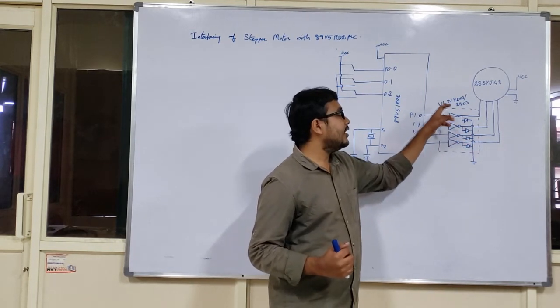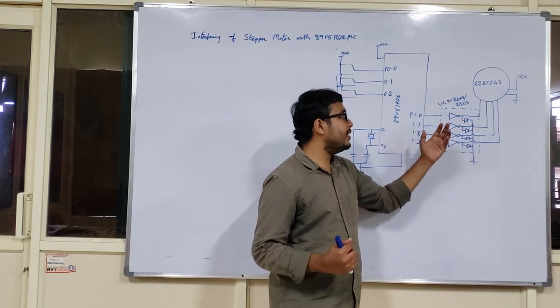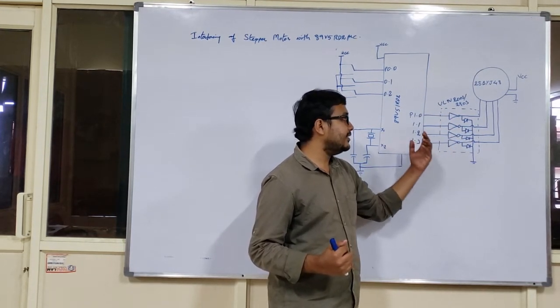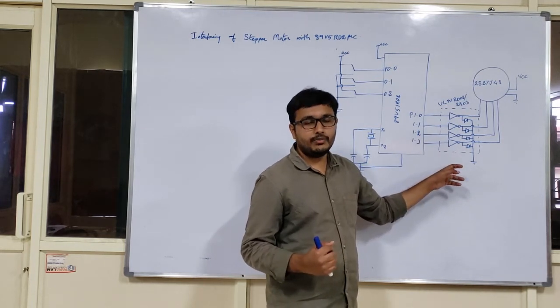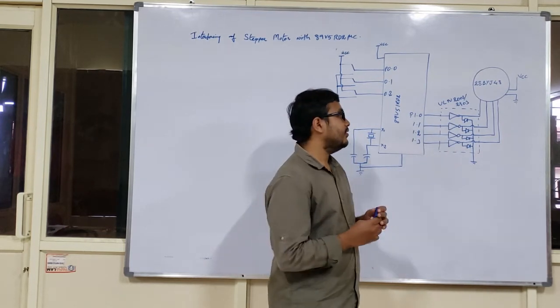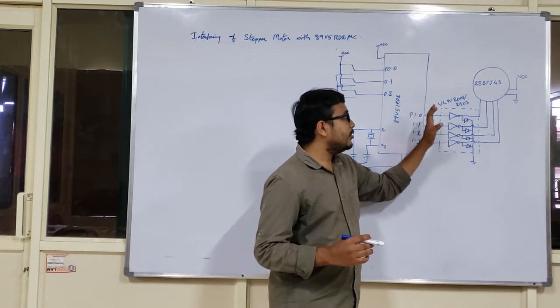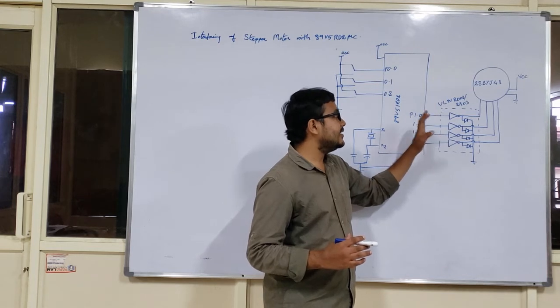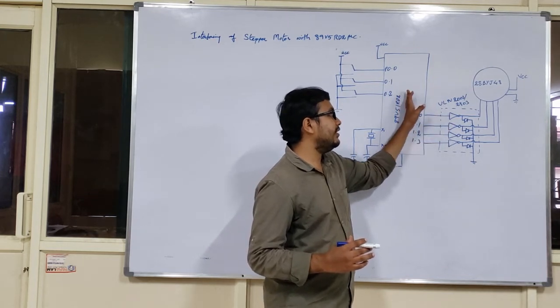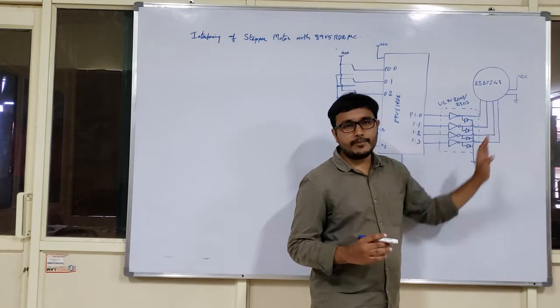That means the stepper motor is being controlled by an integrated circuit. This IC I am going to call a stepper motor driver IC. This stepper motor driver IC is acting as an interface between your 8051 microcontroller as well as the stepper motor.